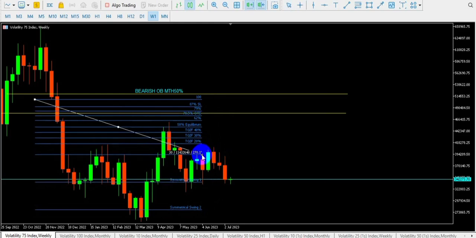I want to mark this well. All I need is 50% of the fair value gap. The 50% is my CE here. So I'm going to take this and mark the 50%. That's the consequent encroachment.